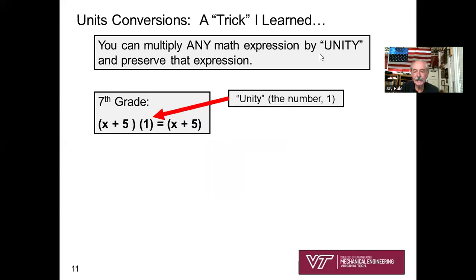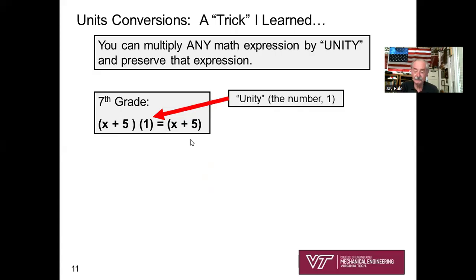And now a trick I learned at Virginia Tech. I believe I learned it early in my sophomore year, and then I reprised back to the 7th grade. I remember my 7th grade math teacher talking about what at the time we thought was dumb, that you can take any algebraic expression, x plus 5, and multiply it by 1 and preserve that expression.